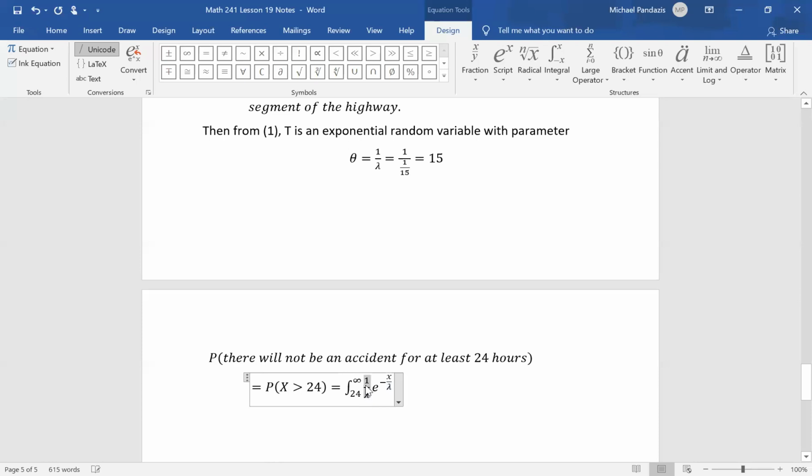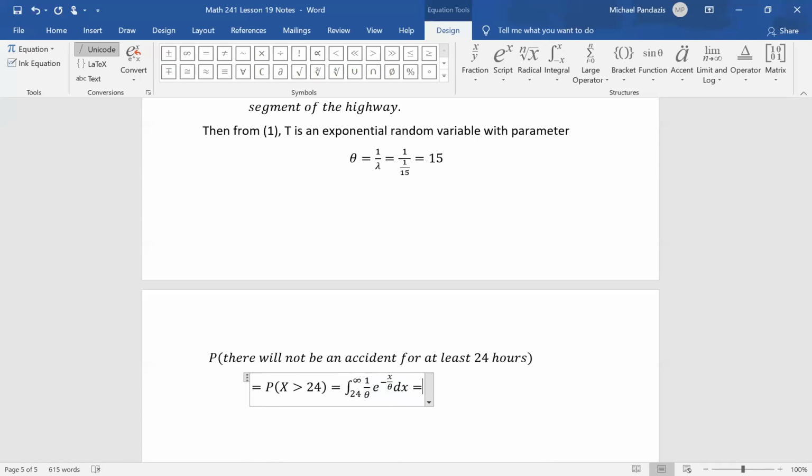Let's say theta. One over theta e to negative x over theta dx.